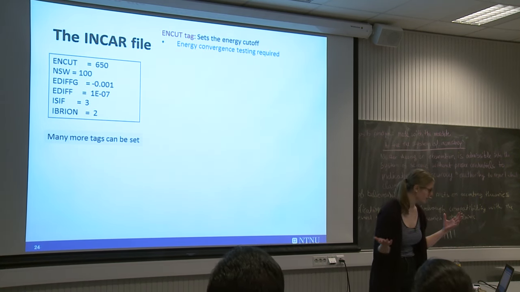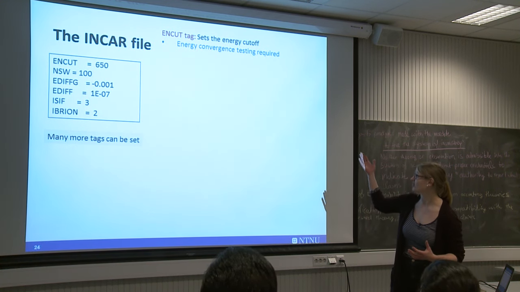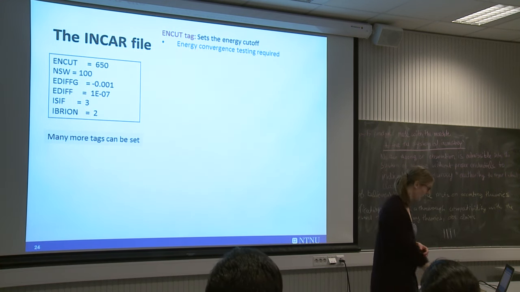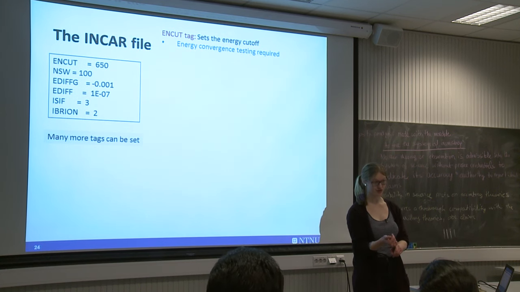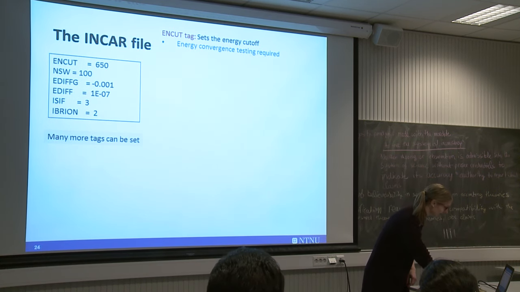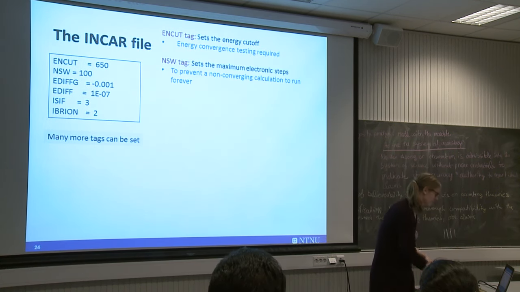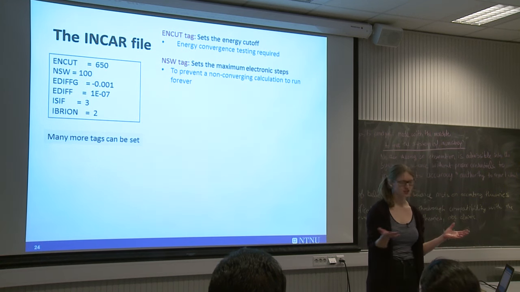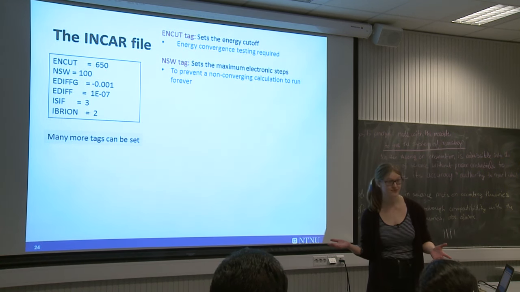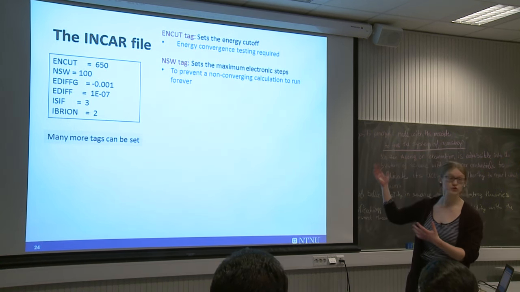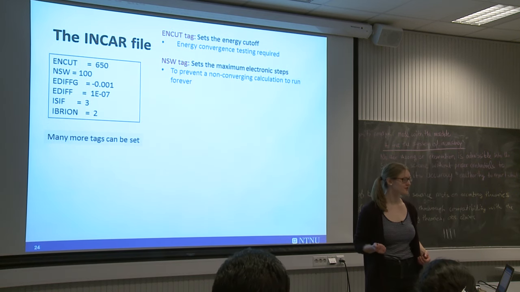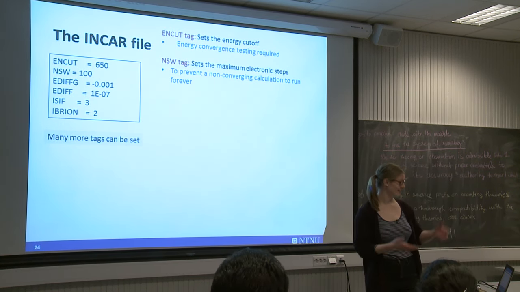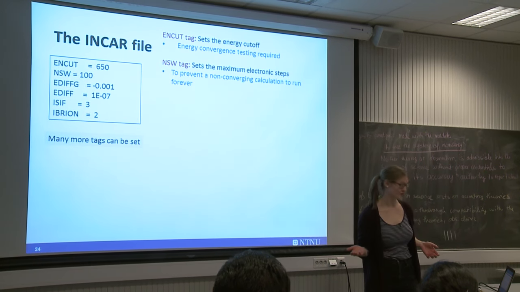For example, you define ENCUT, which sets the energy cutoff. That needs to be tested by convergence testing. I'll come back to that. Then you, for example, set the maximum number of electronic steps. That's basically to prevent the calculation from never ending, so it has some sort of dropout if it never converges.